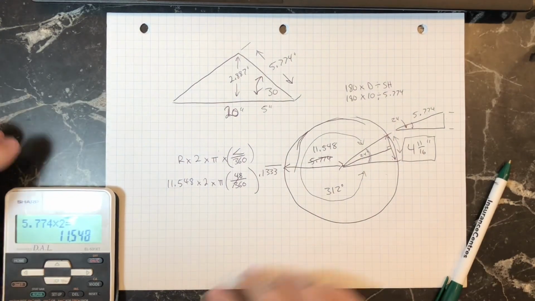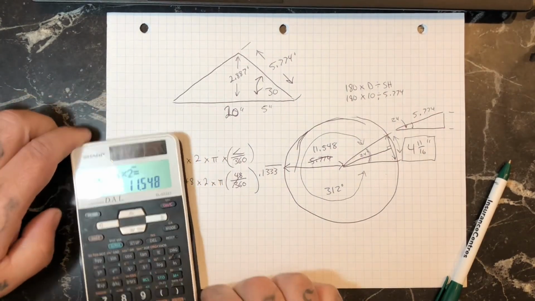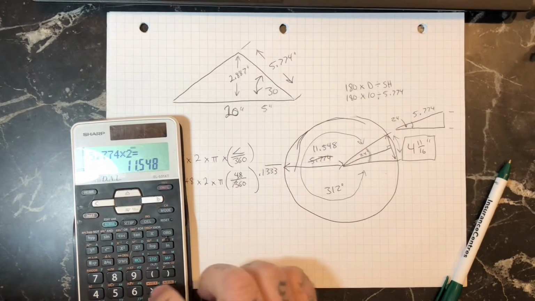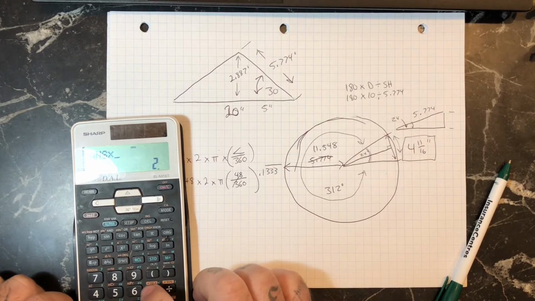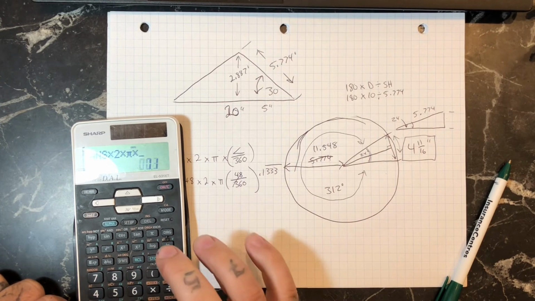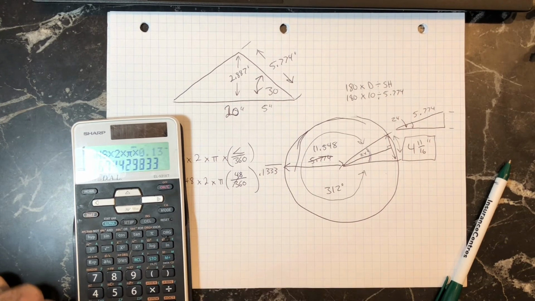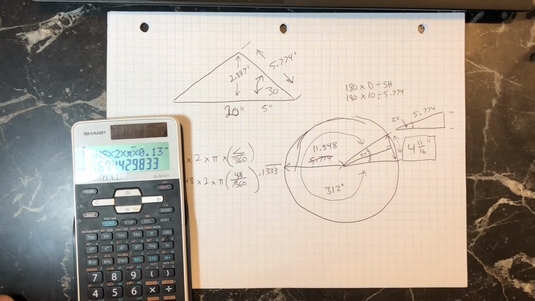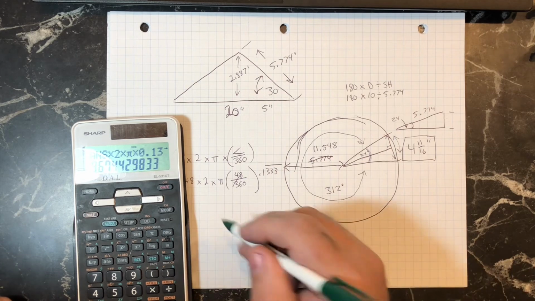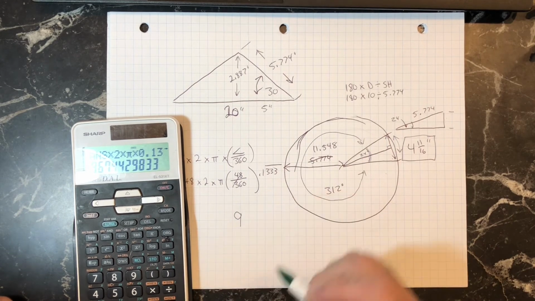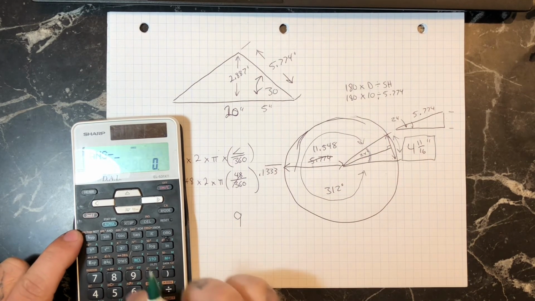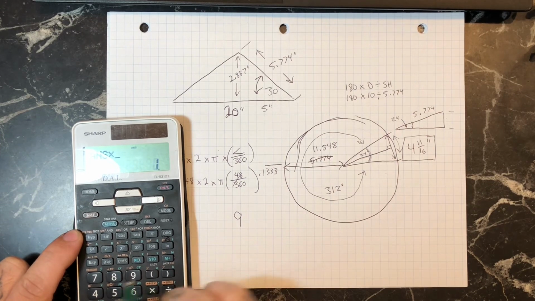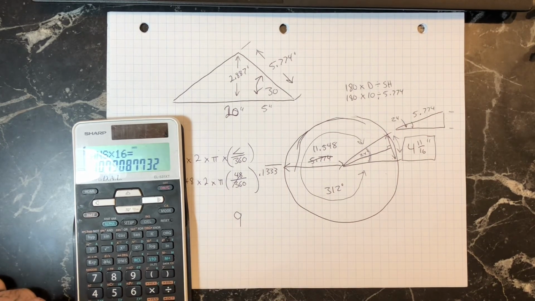So now I can just figure this out. I already have the 11.548 on my calculator. So times 2 times pi times 0.1333, etc. And that gives me 9.674, etc. So again, turning that to a fraction, minus 9 equals, and then times 16, 11/16.